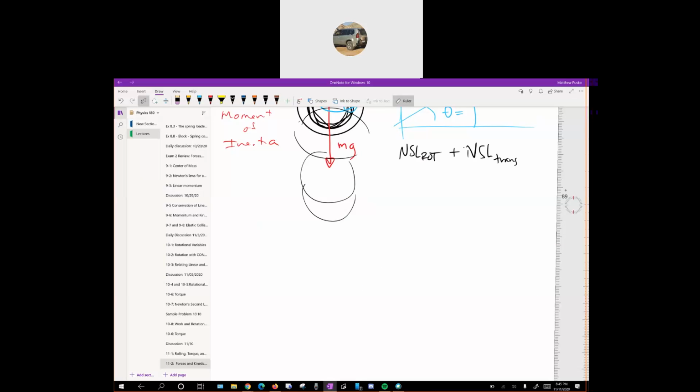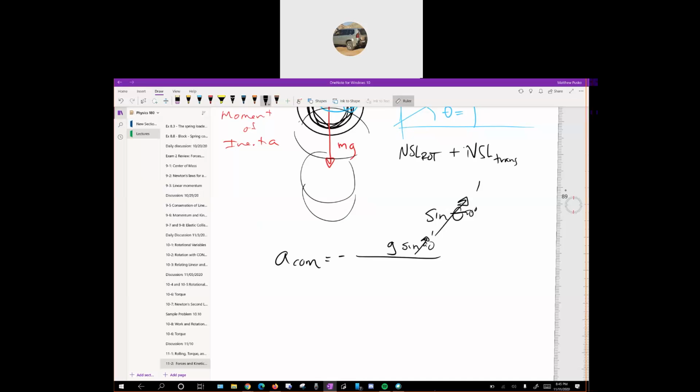The only difference is that before we had sine theta in our answer. Well, the sine of 90 is 1. So our new solution for the acceleration of the center of mass is, it's going down, so a minus. We just have the g term. The sine of 90 goes to 1.